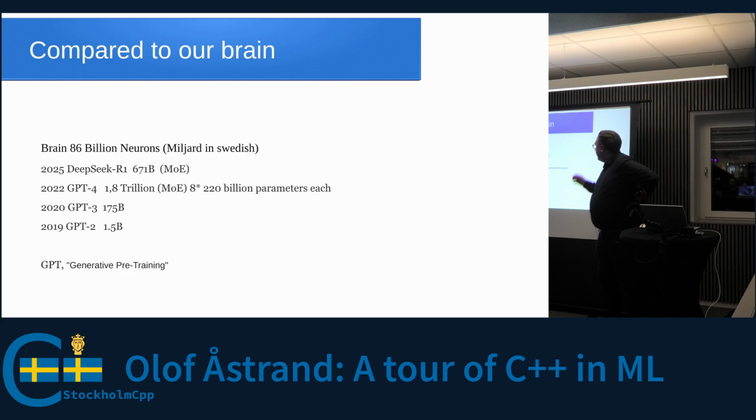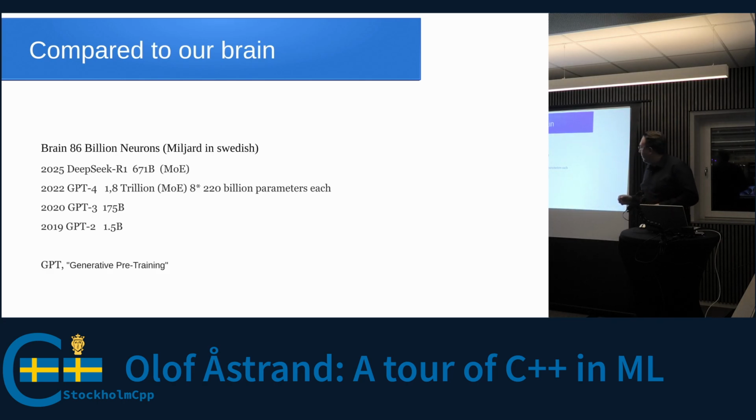And the latest one, DeepSeek R1, is about 671 billion, but they are using a mixture of experts, so it's like separate networks. The input is routed to the expert that the network thinks is most suitable to handle the input.